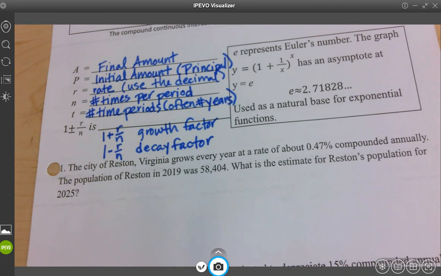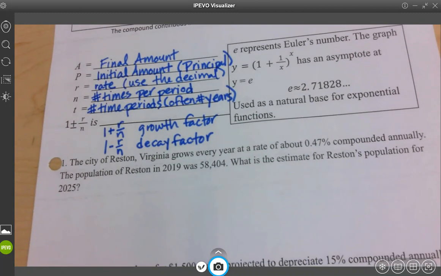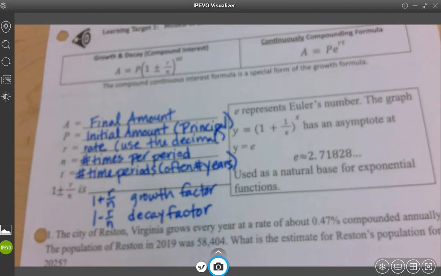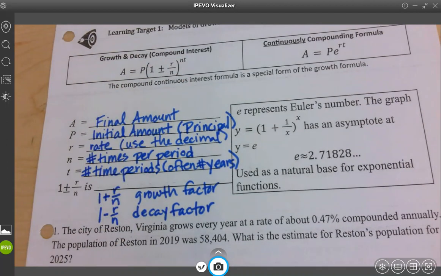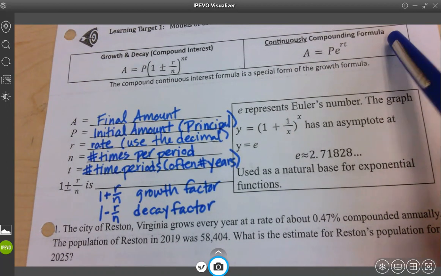So that's a lot of definitions, but we're going to use these formulas to solve some problems. You could have interest that's compounded a certain number of times in a year, or you could have interest that is compounded continuously. And that's a weird thing to imagine.